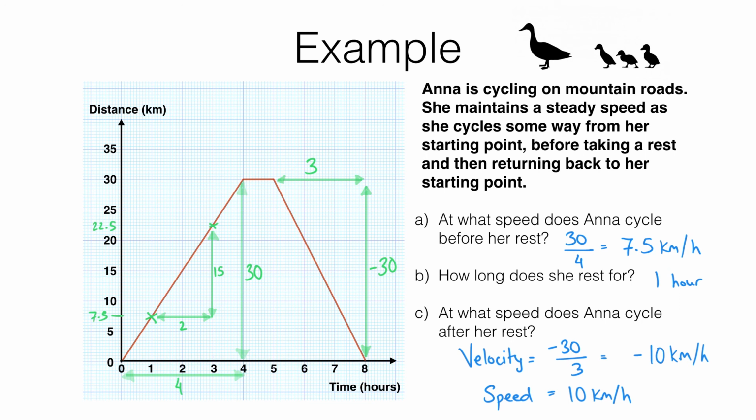We don't care whether a velocity is positive or negative if we're just interested in the speed. So a velocity of 7.5 kilometers per hour means a speed of 7.5 kilometers an hour. Compare that with down here, a velocity of negative 10 kilometers an hour means a speed of 10 kilometers an hour. We don't care about the negative sign if all we're interested in is the speed. We don't care about direction.